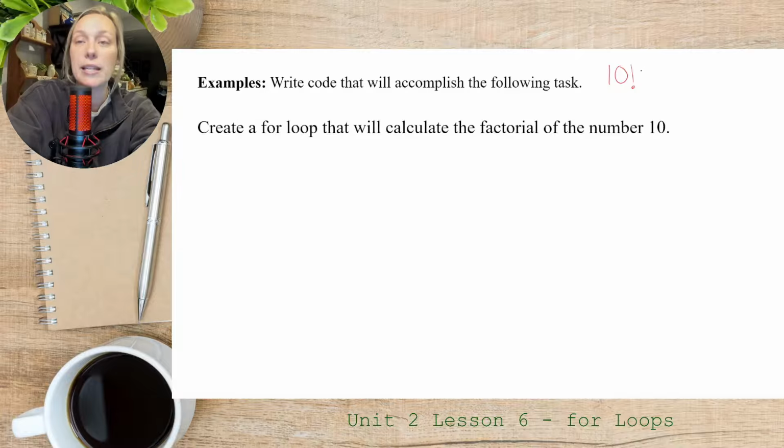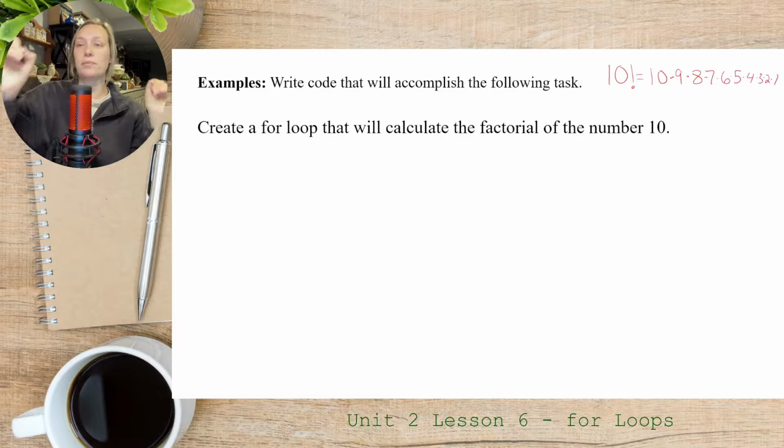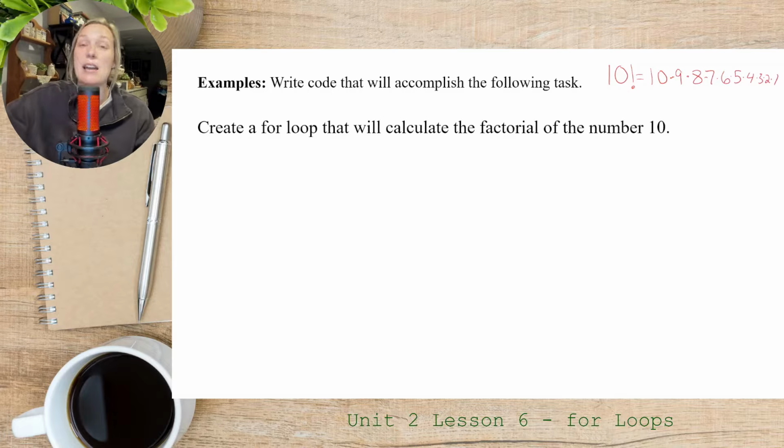To calculate 10 factorial, we take the number we start with, 10, and then multiply it by 9, multiply by 8, and multiply it by 1 less every single time until we reach 1. Whatever that product is, that's 10 factorial. It comes up at a few different spots in advanced math, so if you haven't seen it before, it's not like you've missed out on anything exciting.